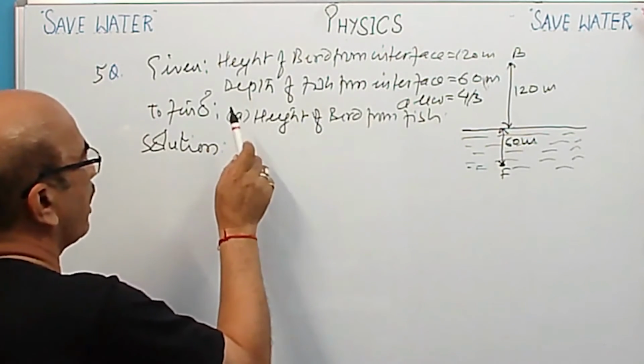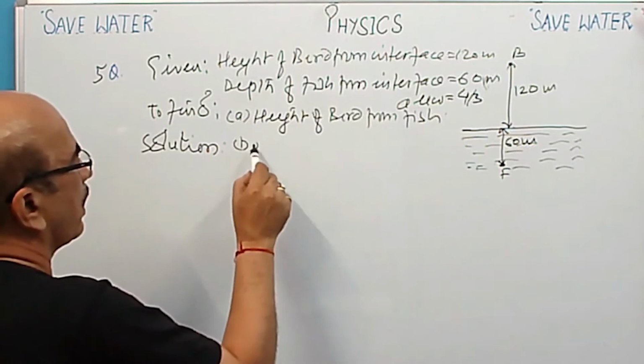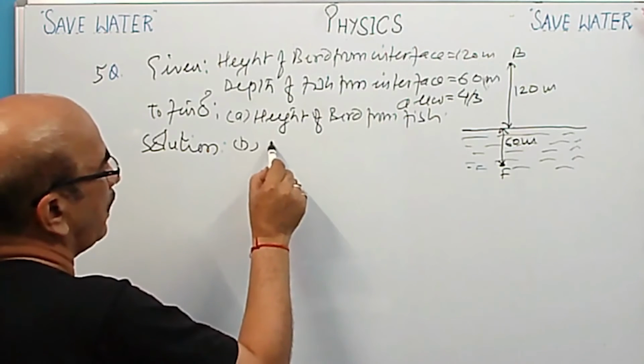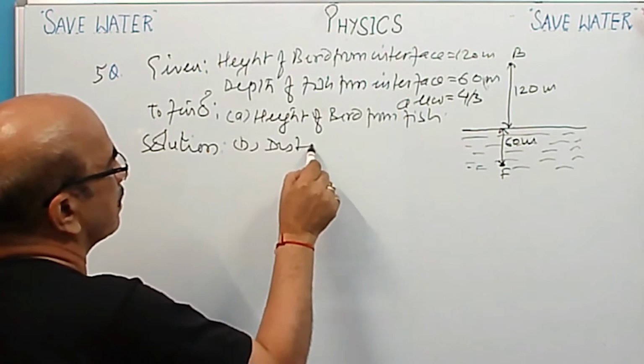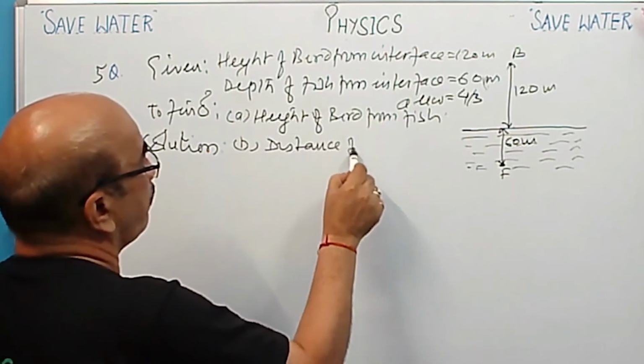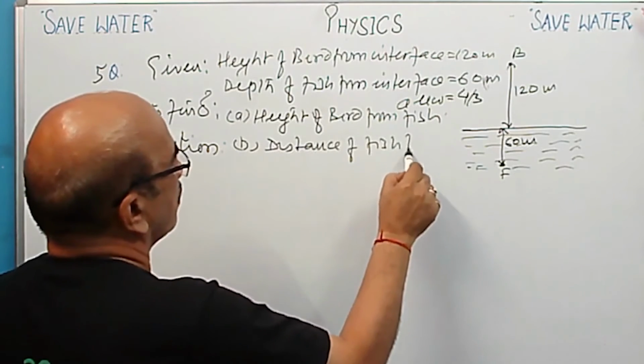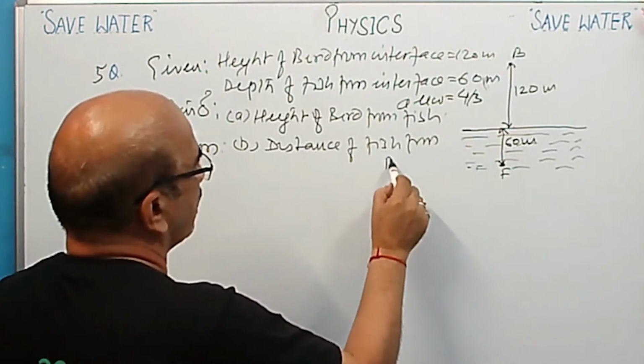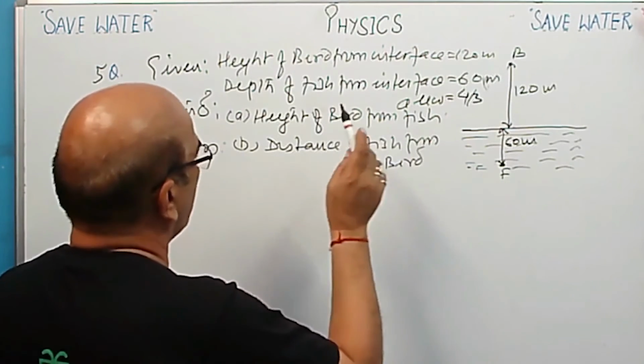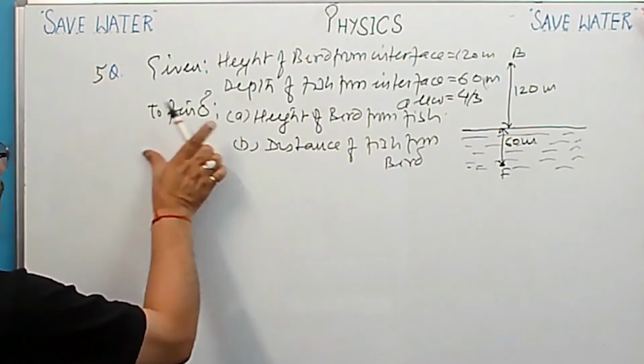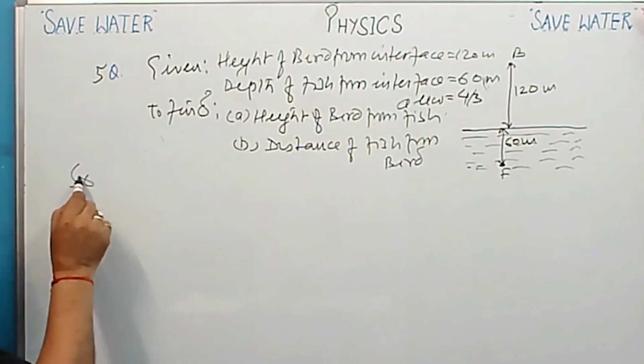And the second to find is the distance of fish from bird. This we have to find.